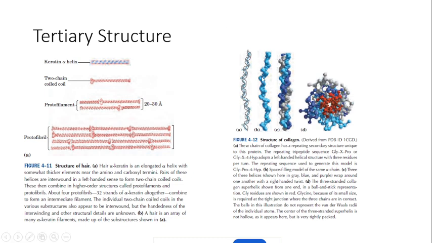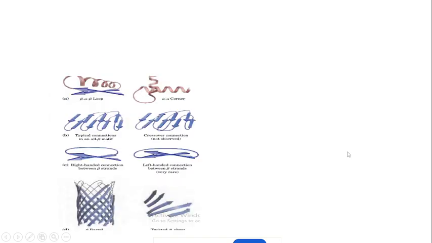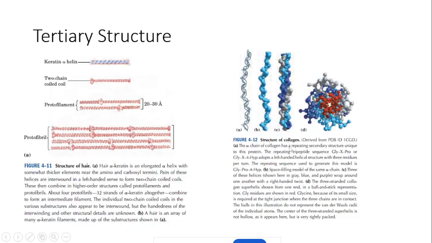Another example is collagen. Collagen has three alpha helices, which is why it is called triple helix collagen. It has the repeating tripeptide sequence glycine, X, proline. X can be any amino acid, so glycine X proline, or glycine X 4-HYP.